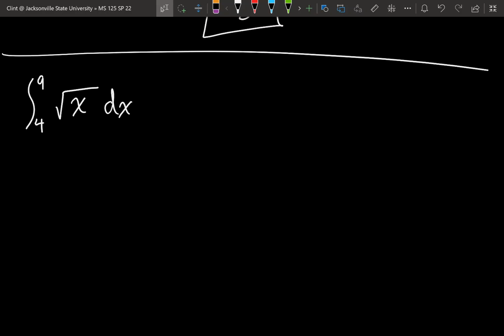So we want the indefinite integral from 4 to 9. I mean the definite integral from 4 to 9 of square root of x. Okay. So do you remember when we were doing derivatives, what would we do first here?